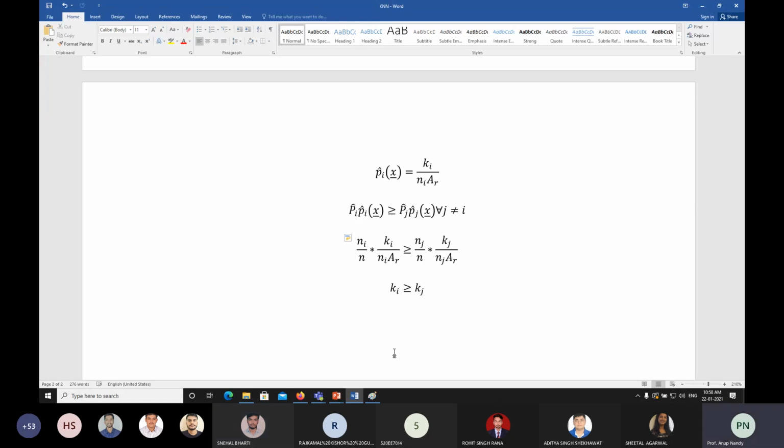Now, what is the meaning of ki greater than or equal to kj? That means in our enclosed volume, the number of points belonging to class i is greater than the number of points belonging to class j, where i is not equal to j.